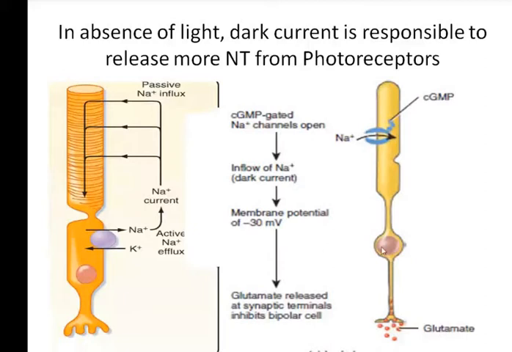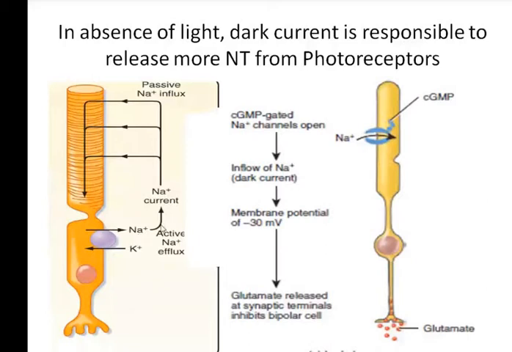If you look at here, this is the outer segment, this is the inner segment, and in the outer segment there is passive influx of sodium going on, and in the inner segment there is sodium potassium ATPase that constantly throws 3 sodium out and 2 potassium in. So the current is going on. This is known as dark current.